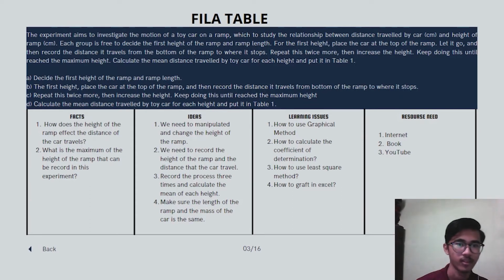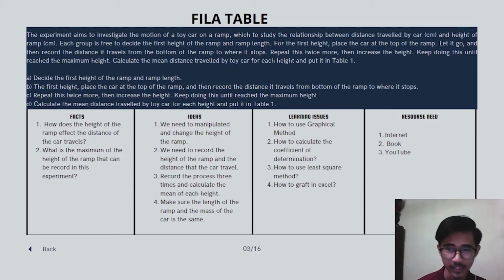I will start. The experiment aims to investigate the motion of the toy car on the ramp, to study the relationship between distance travelled by car in cm and height of ramp in cm. Each group is free to decide the first height of the ramp and ramp length.